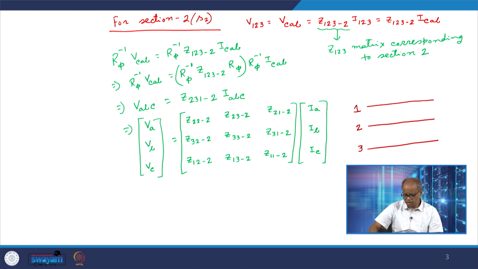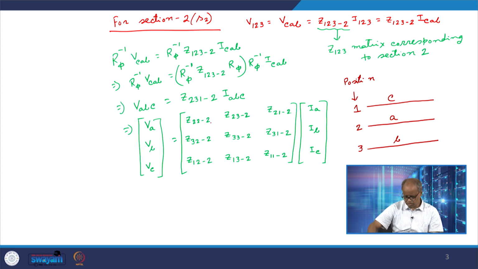So this is for section 2, right. So you see, phase A corresponds to position 2, so therefore it is Z22 for section 2.